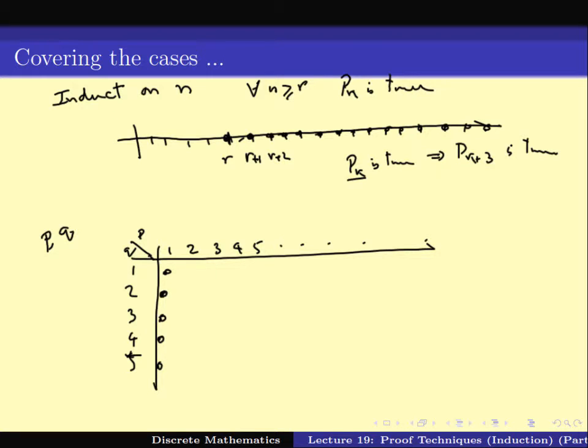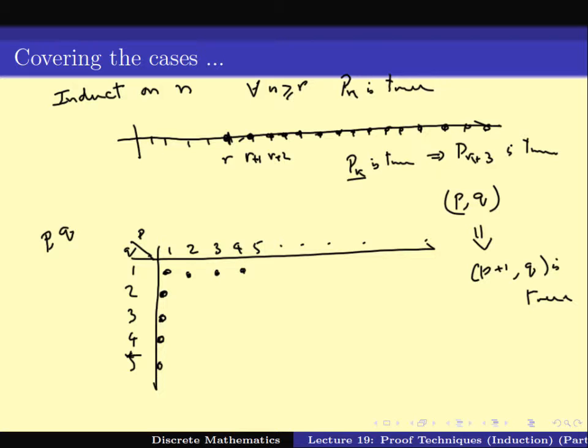And then I will end up proving that if (P, Q) is true, then (P plus 1, Q) is true. If I can prove this statement, then that means (1, 1) is true, therefore (2, 1) is true. (2, 1) is true, therefore (3, 1) is true. (3, 1) is true, therefore (4, 1) is true, and so on.